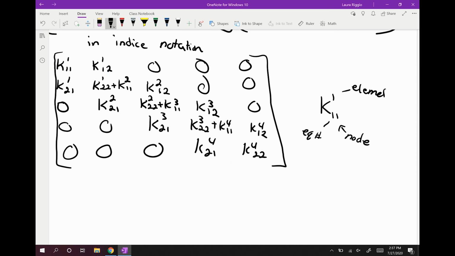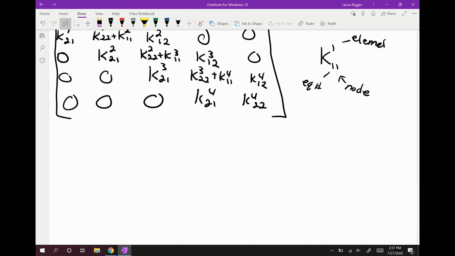So we need to figure out our values of K1, K2, K3, K4 for our problem. So K1 is equal to 2 times 10 to the 6 pounds per inch. And K4 is equal to 10 to the 6 pounds per inch.